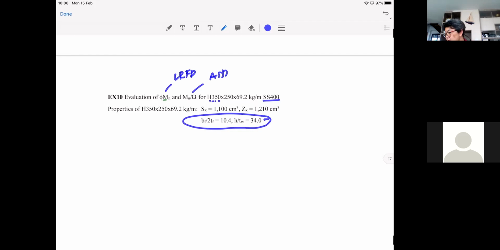Okay. So this evaluation is based on the fact that our beam is, say, laterally braced. So we need to check the compactness of the section. Okay. So you can say we have the flange.